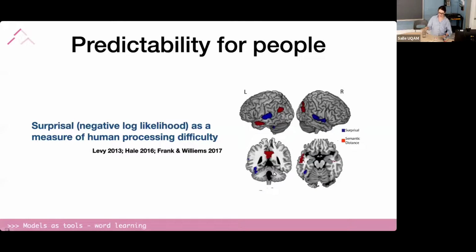Now, when we talk about predictability in people, we don't use probabilities. We instead use a concept called surprisal, which is the negative log likelihood of some outcome given a context of some kind. This is used because it's a pretty good measure of human processing difficulty.